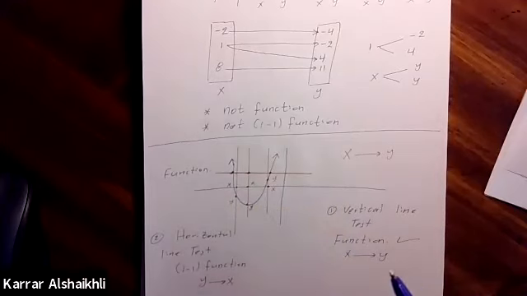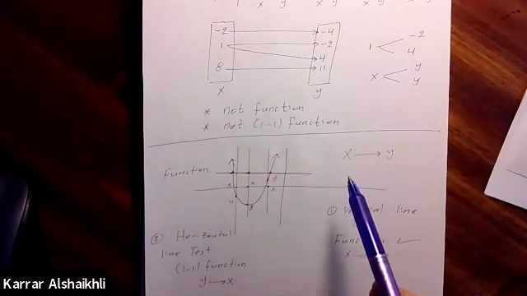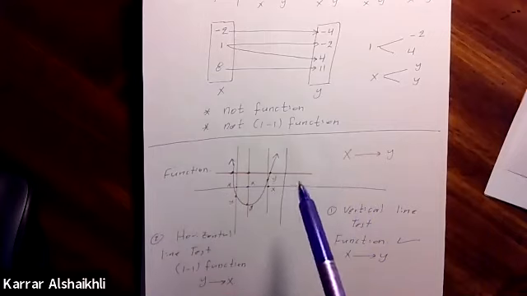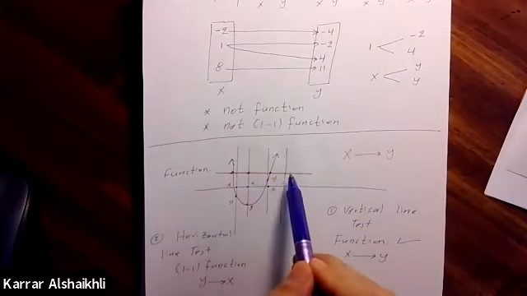So that means each x goes to 1 y. Now to satisfy the second condition, we're going to graph a horizontal line test, and we will see each y goes back to 1 x.